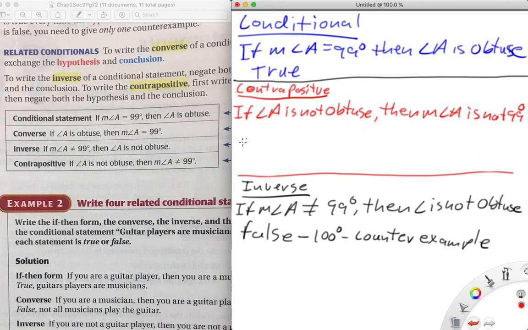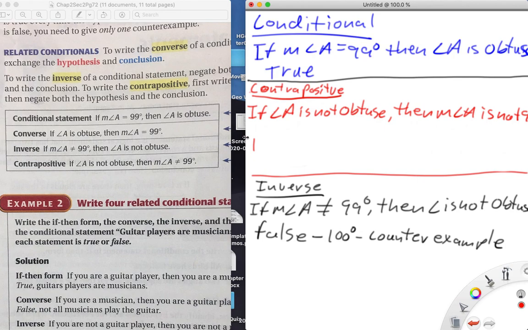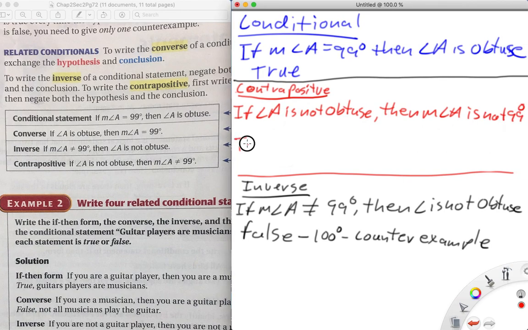So this is true, and it's true because can I think of an angle that's not obtuse? Yeah, I can. 80. 80 is not obtuse, and 80 is not 99 degrees. And I'm never going to think of an angle that's not obtuse that will be 99 degrees. So that's going to be true.